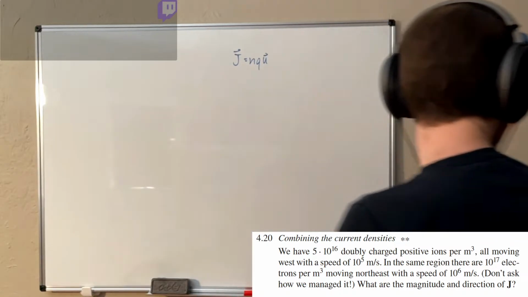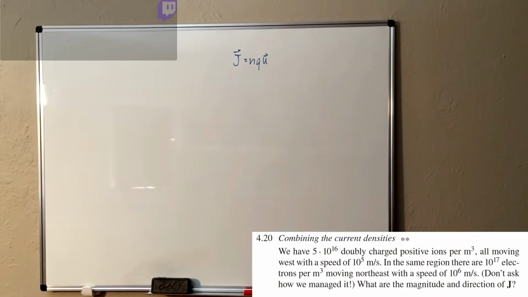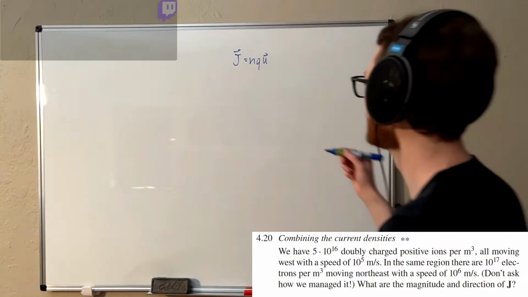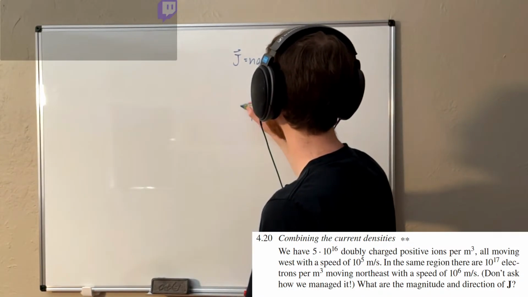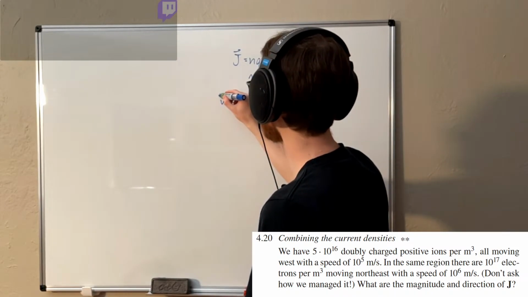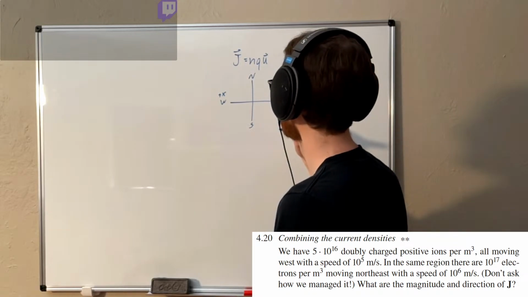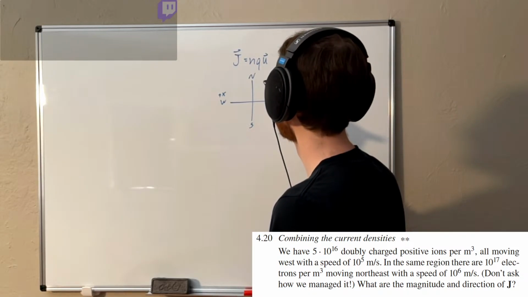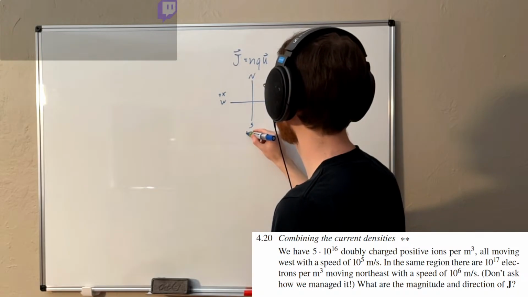Okay, so doubly charged. I'm going to interpret doubly charged positive ions as a charge of 2e, since I don't know what else that could be. So moving west, I think we're going to define west as positive x, and I guess we may as well make this positive y.